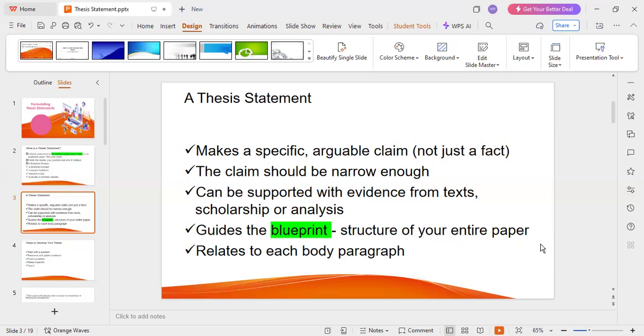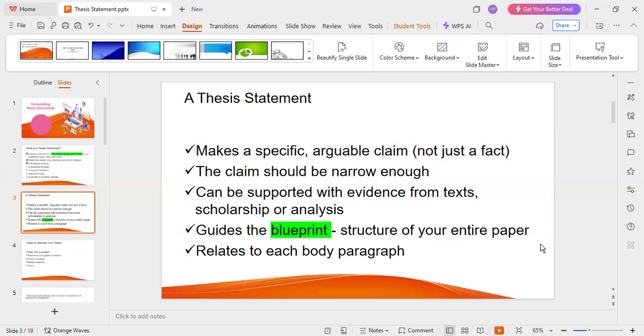The base or the basic plan or the structure of your paper. So your thesis statement is like the blueprint of your research paper. It should guide the reader through the structure of your entire paper. Your thesis acts as a blueprint for the other paragraphs and sections as well.